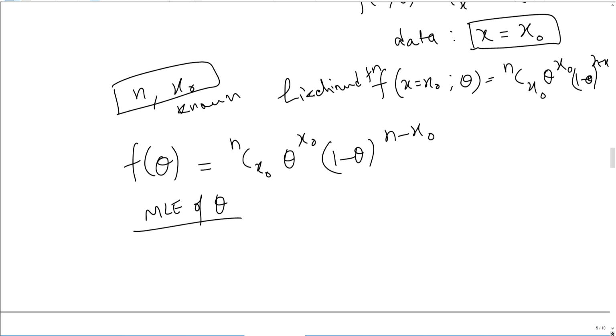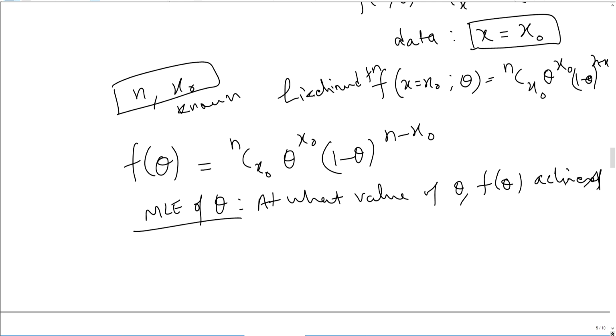At what value of theta does the function achieve its maximum value? Basically, it is the value of theta which has the highest likelihood. So, what value of theta has the highest likelihood of generating this data?